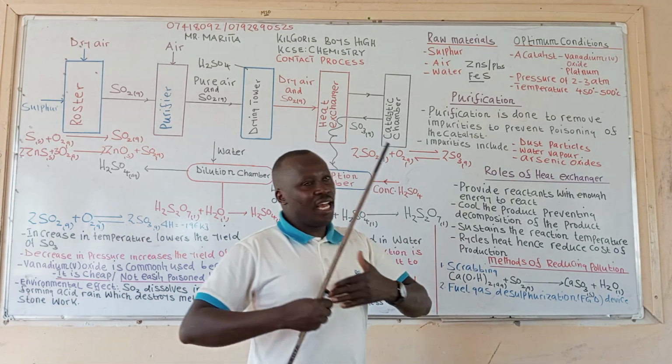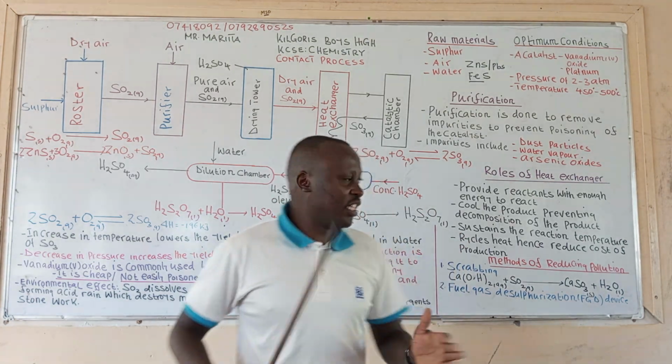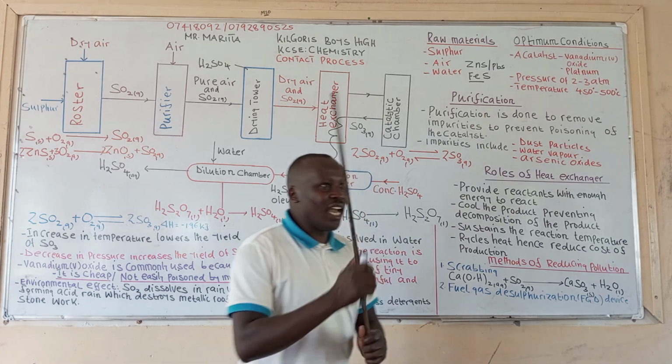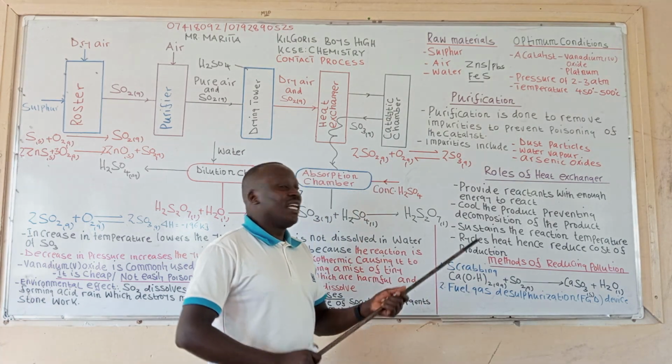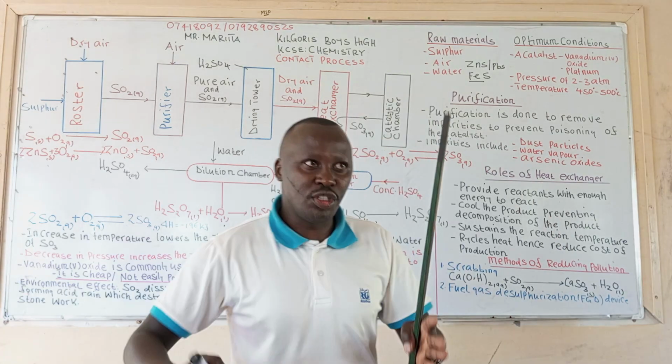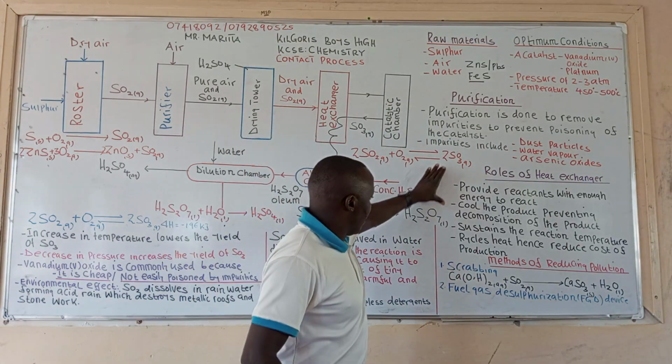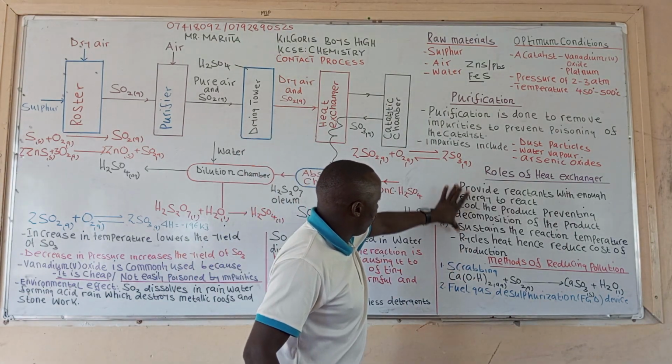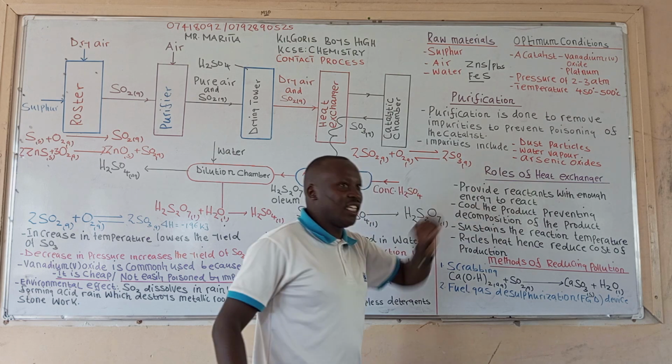Then we have another role of the heat exchanger. It sustains the reaction temperature and then it recycles the heat, hence it reduces the cost of production. So these are some of the roles of the heat exchanger.